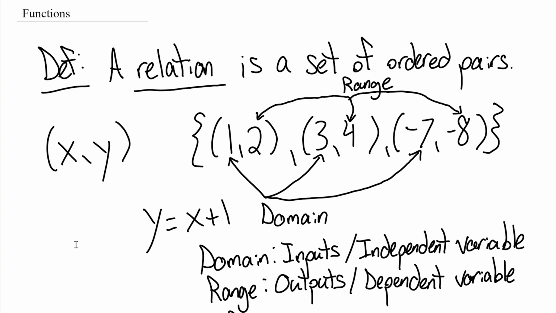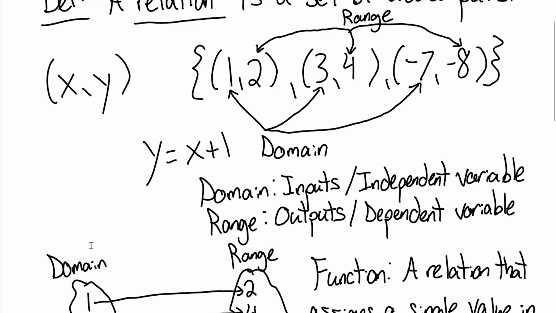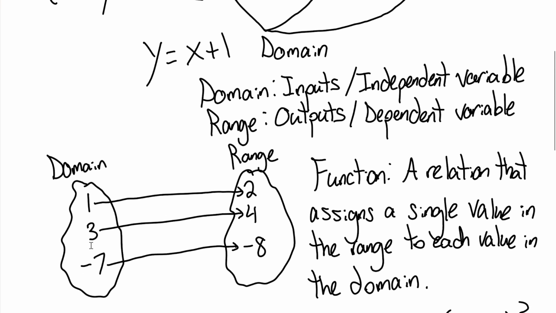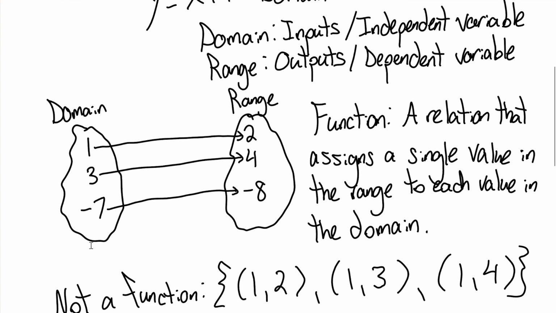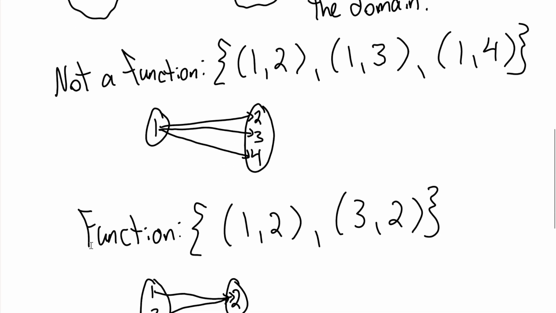We have to look for cases where we would not be able to assign a unique y value to an x value. When we look at the graphs of these equations, one way that's easy to tell is by using what's called the vertical line test.